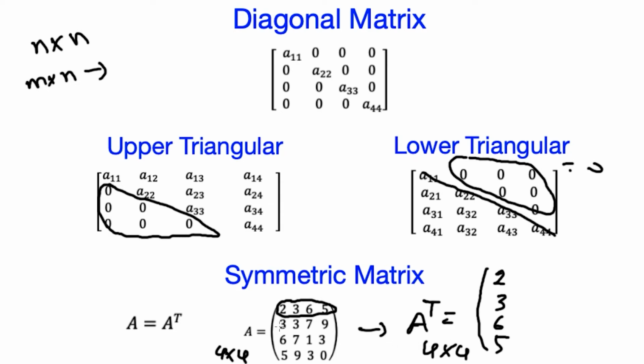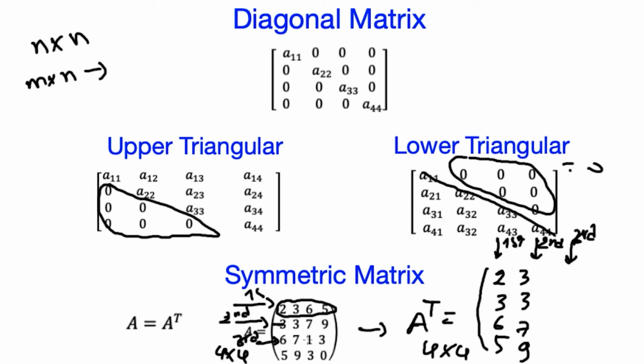And the second row will be the second column here. So this row is 3, 3, 7, 9.